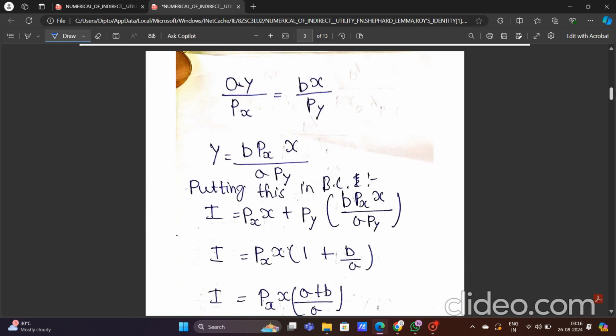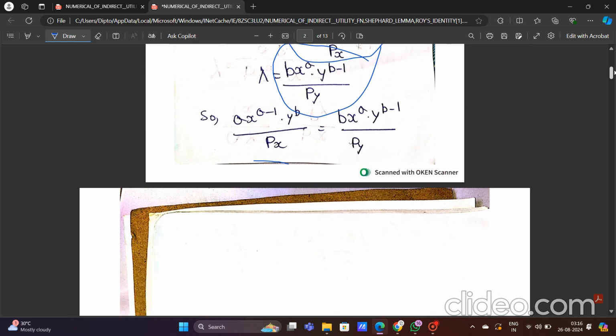Now a into x to the power a minus 1 can be written as a into x to the power a into x to the power minus 1. And y to the power b minus 1 can be written as y to the power b into y to the power minus 1.